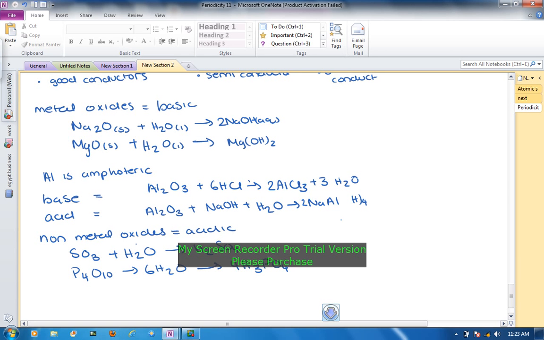And although aluminum is a metal, its oxide is amphoteric, which means that it can either be basic or acidic. Nonmetal oxides tend to be acidic, as seen by SO3 and P4O10.